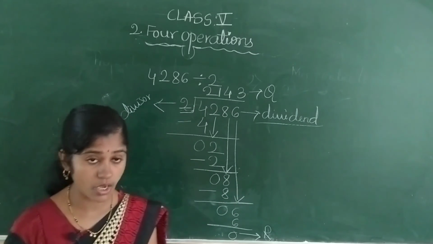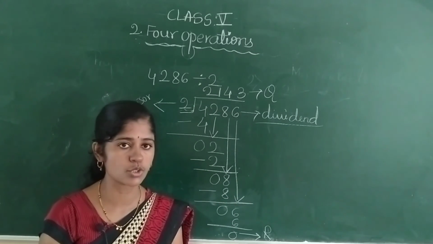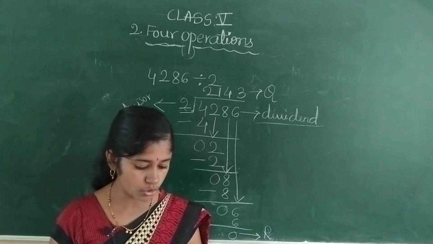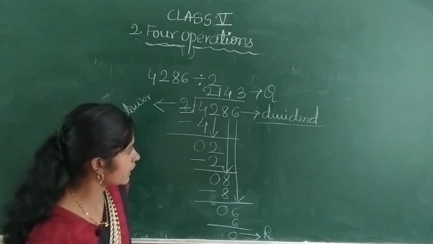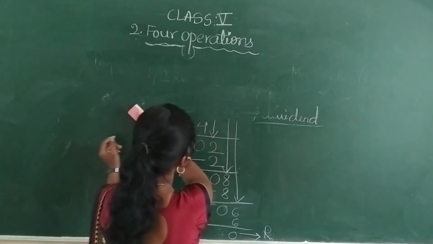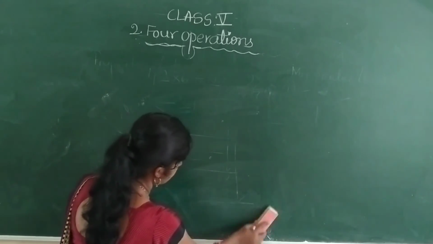In the next class, how to verify the questions, that also I will teach you. Okay. So please try to solve. I will give some examples. So please solve these examples at home.